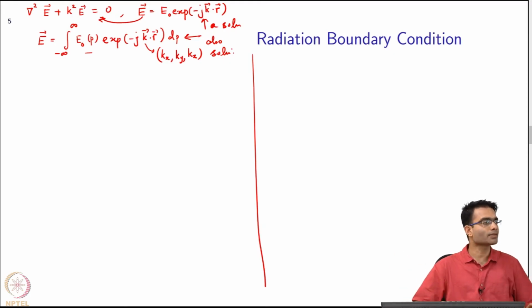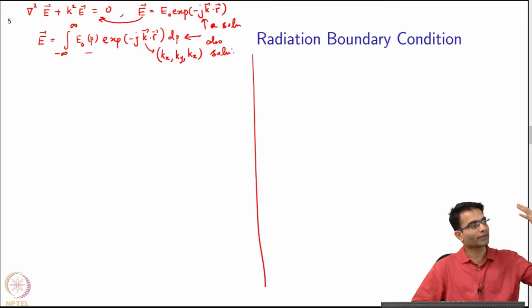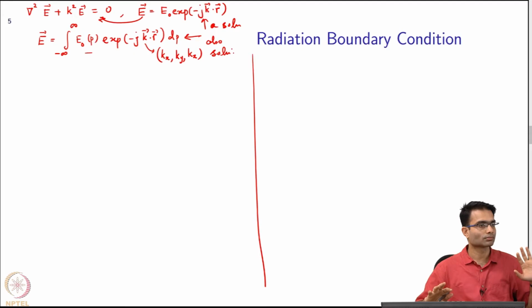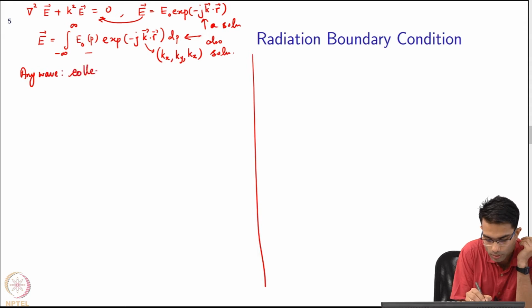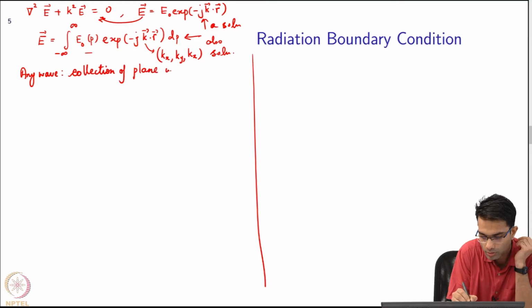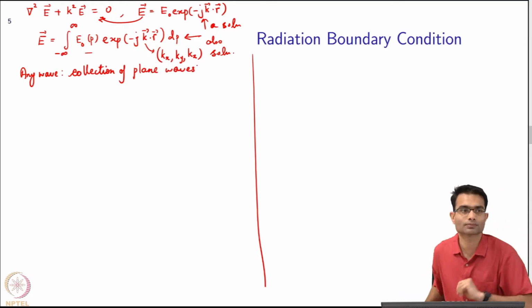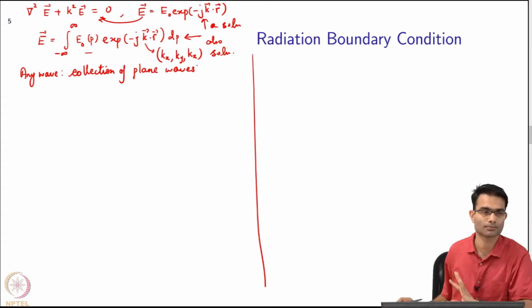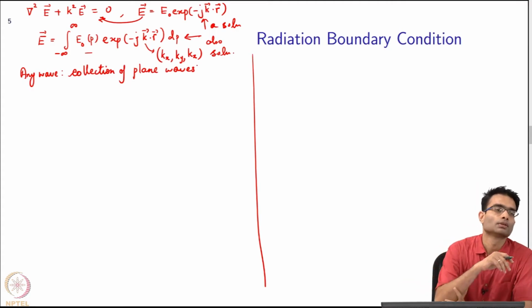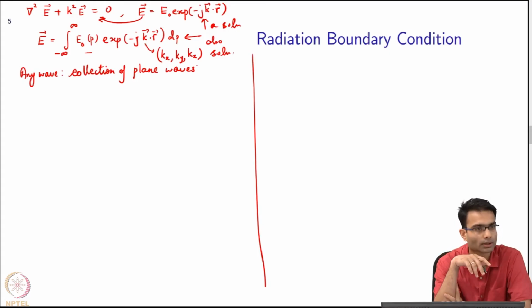The general idea is that any wave travelling in free space, I can write as a collection of plane waves, with spatial frequencies, not omega t, which is the same. It is some function in space and you are separating them out.